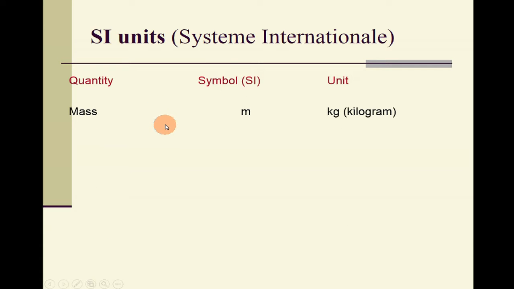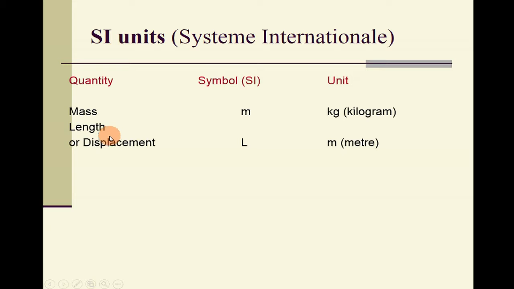In System International Units, we represent different quantities, their symbols and their units, which are allocated by the System International to these quantities. Mass is represented by the symbol m and its unit is the kilogram.